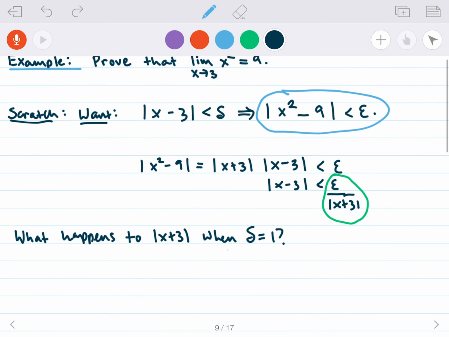So when delta equals 1, then this hypothesis is going to say that the absolute value of x minus 3 is less than 1, right?